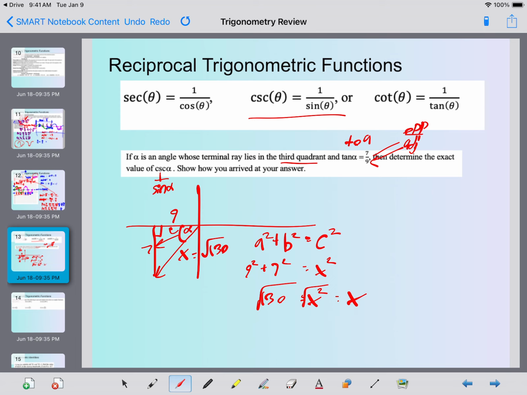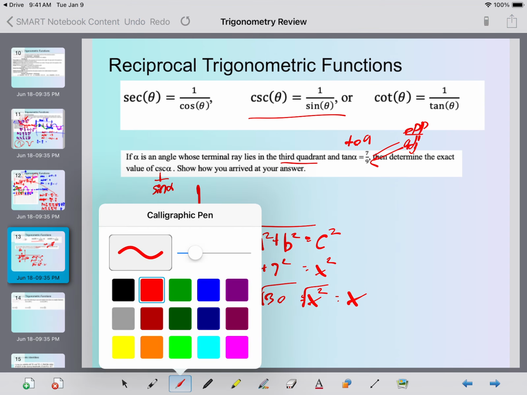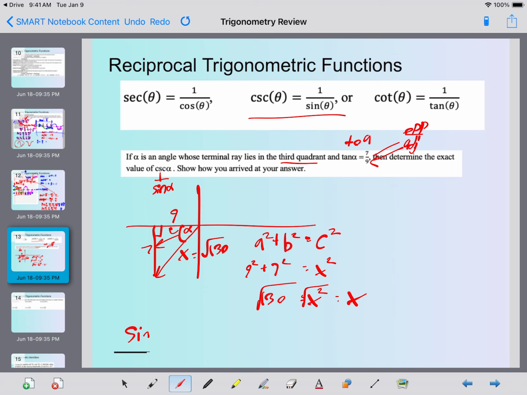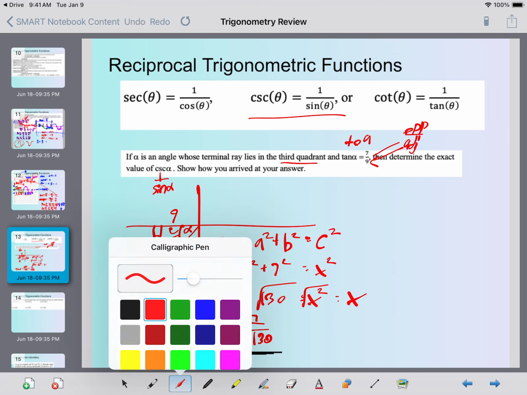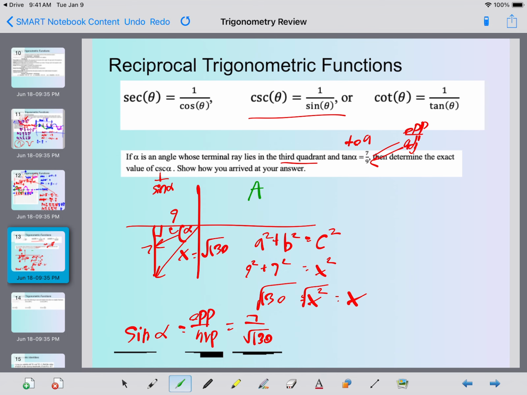I'll show you both ways. So first, sine of alpha would be opposite over hypotenuse. The opposite is 7. Hypotenuse is radical 130. All students take calculus: sine is negative, but we're not looking for sine.